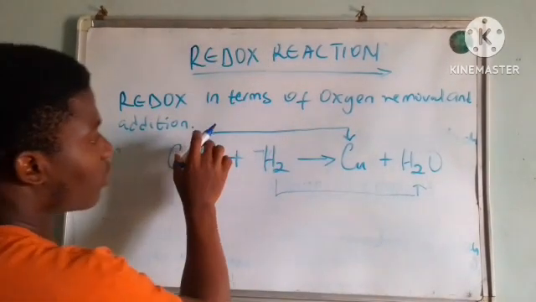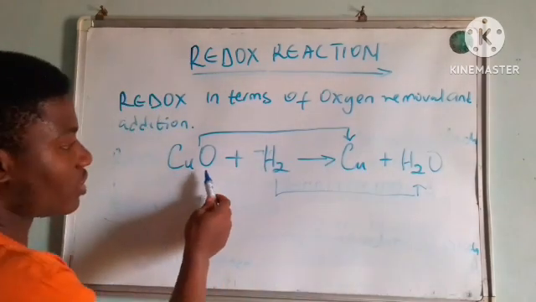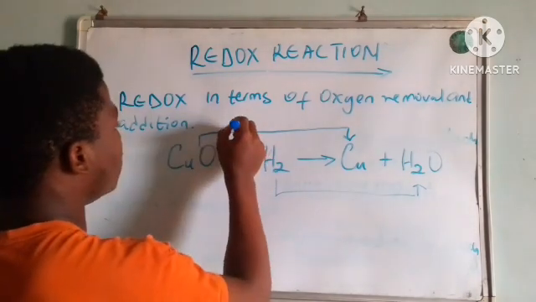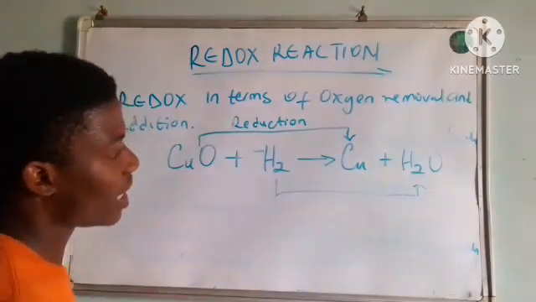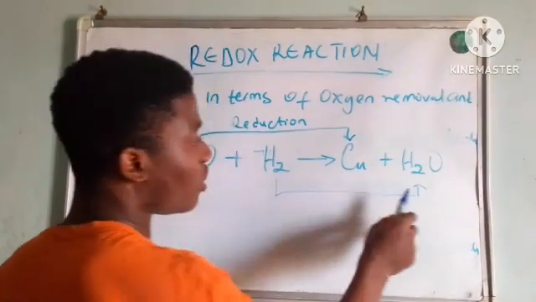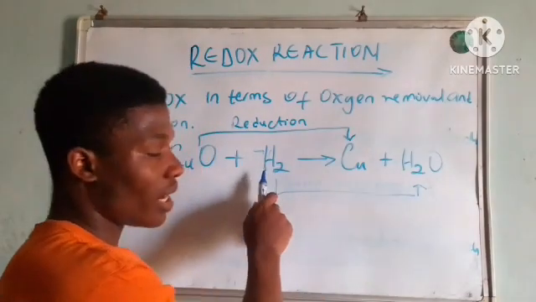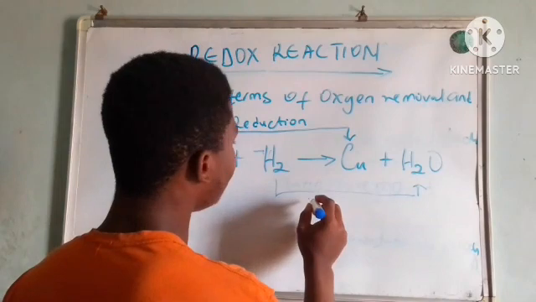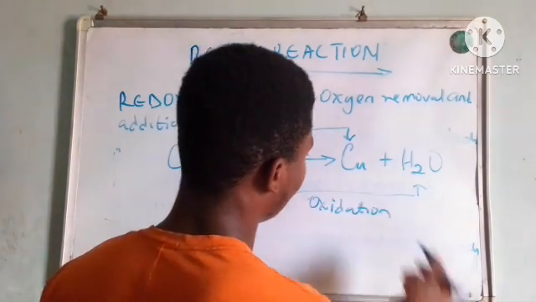From copper 2 oxide to copper, what was lost is oxygen. Because oxygen was removed, it's going to be reduction. And because oxygen was gained, or oxygen was added to hydrogen, this is going to be oxidation.